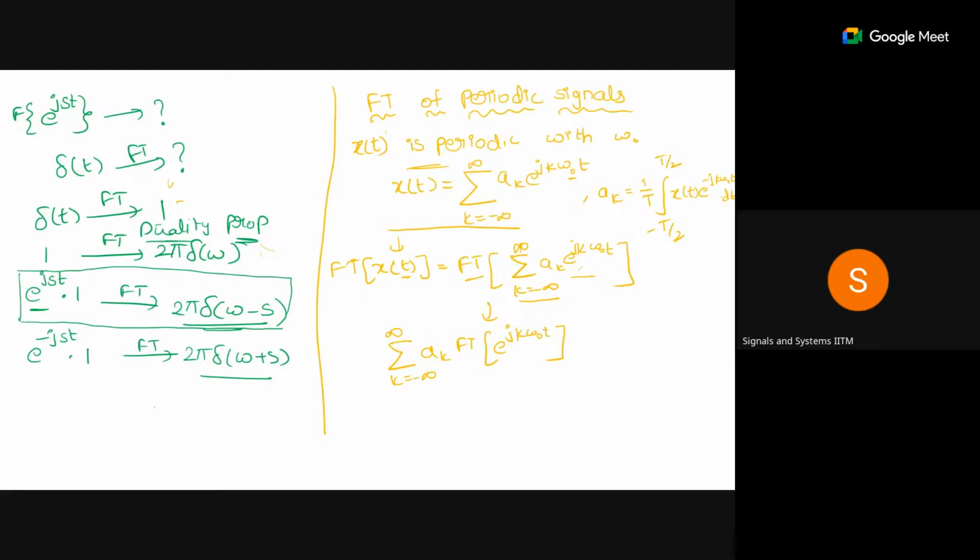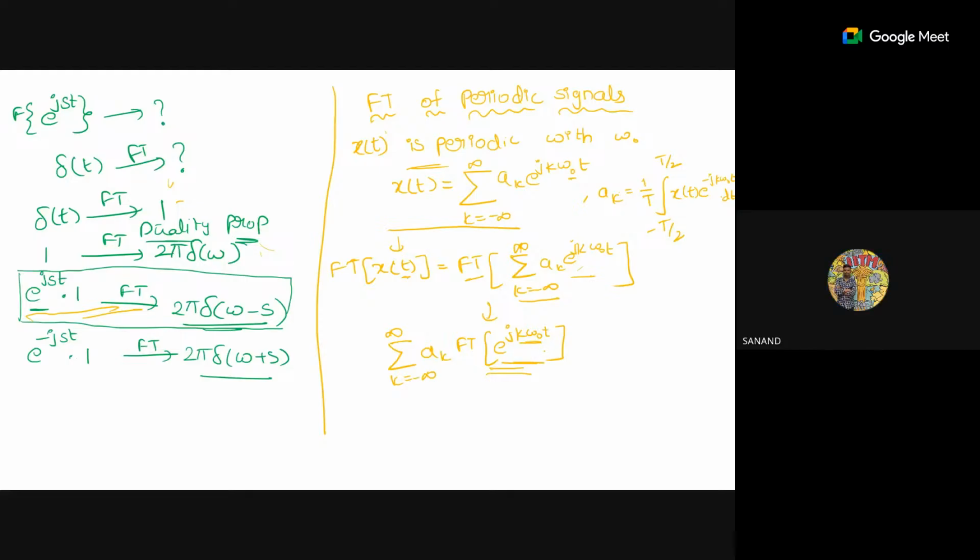From what I discussed, e power j s t has Fourier transform 2 pi delta of omega minus s. Here, instead of s, we have k omega naught. So what will be the Fourier transform of e power j k omega naught t?